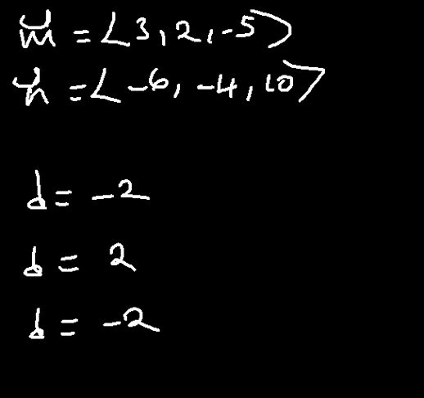So our focus is on the magnitude or value of d. If the values of d are the same, whether positive or negative, the vectors are parallel, but if the signs differ they go in opposite directions, and if the signs are the same they go in the same direction. So take note of that. Try to go through the other pairs as well and see if the vectors are parallel or not. So thank you.